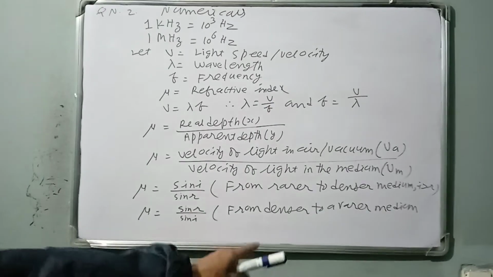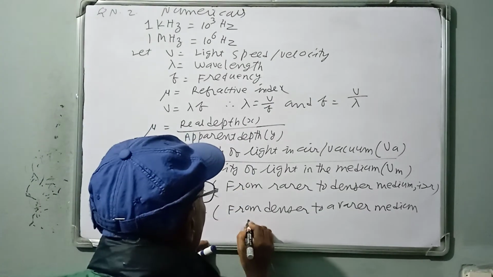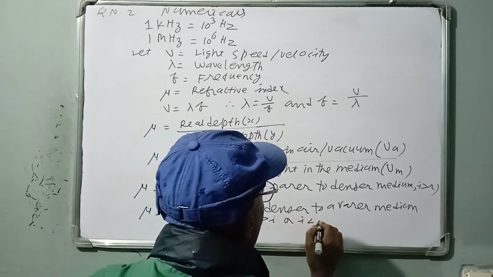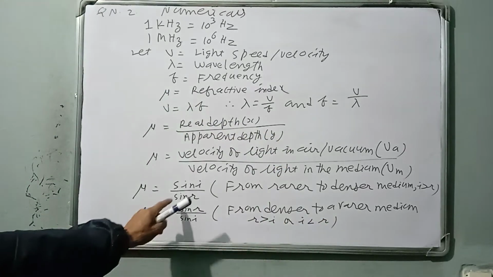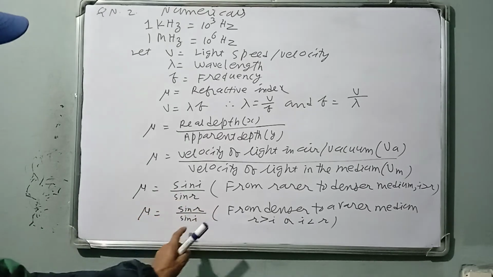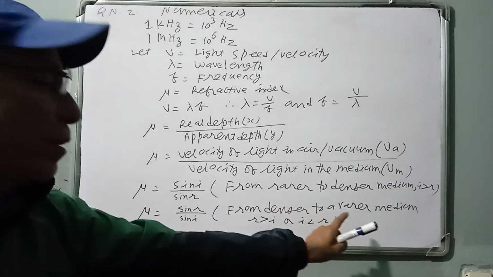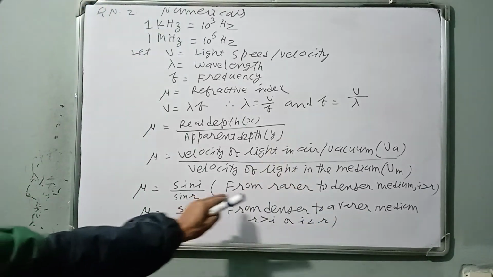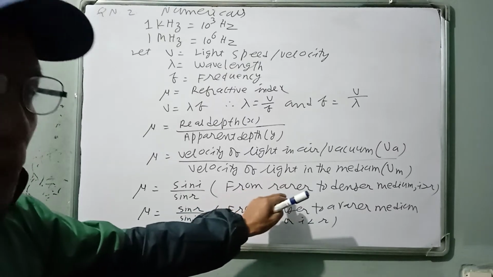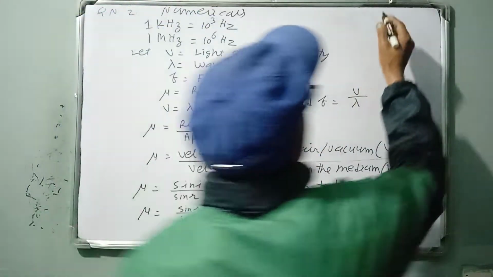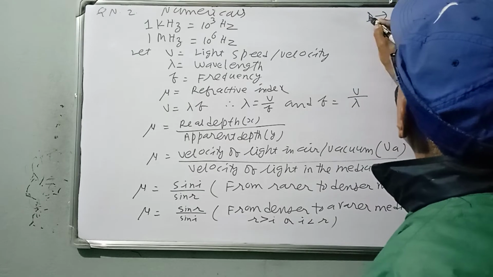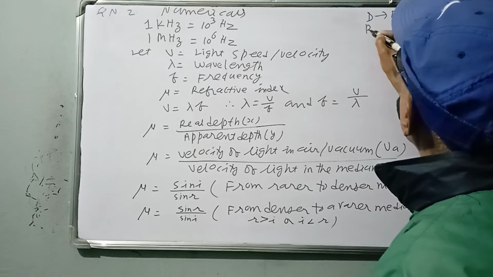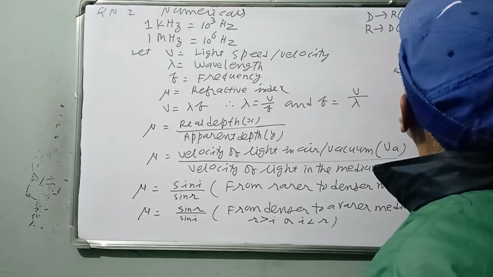When light passes from denser to a rarer medium, R is more than I, or I is less than R. Meaning same, angle of refraction is more than the angle of incidence when light passes from denser to a rarer medium. I have already said the technique. You have to know that if light passes from denser to rarer medium, it is bent away, and rarer to denser medium towards.